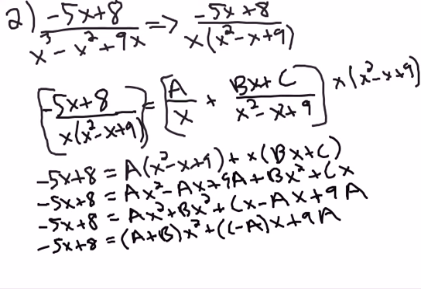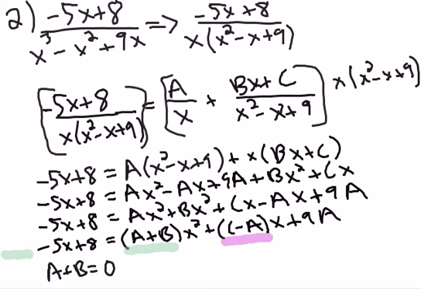I'll try and highlight the different parts. So the coefficient of x squared is a plus b. There is no x squared over here, which means a plus b is 0. So whatever a and b are, whenever you add them together, you should get 0. Okay, you can do the same reasoning here.